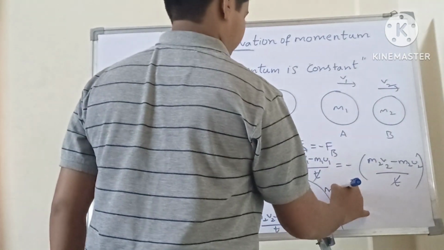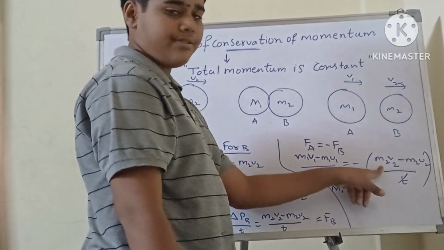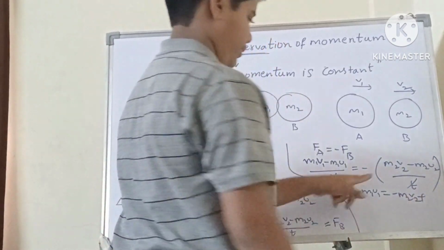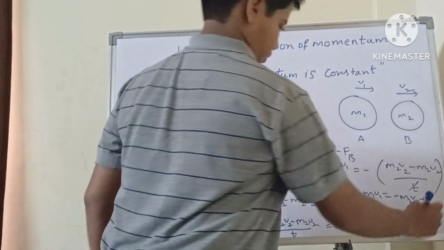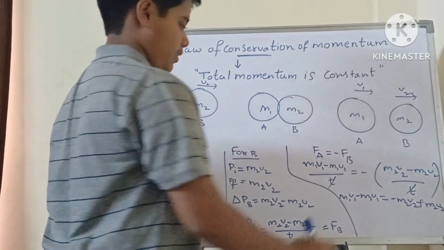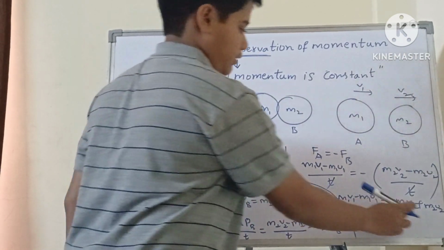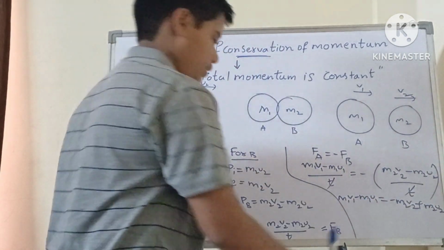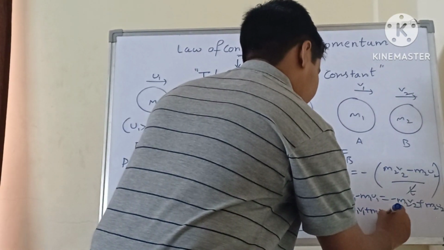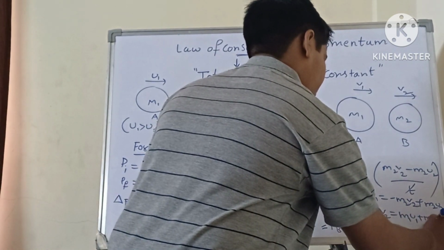So M1 V1 minus M1 U1 is equal to minus of minus M2 V2 plus, because minus of minus is plus, so this is M2 U2. So here if I transfer this side this and this side this, okay, so M1 V1 plus M2 V2 is equal to M1 U1 plus M2 U2.